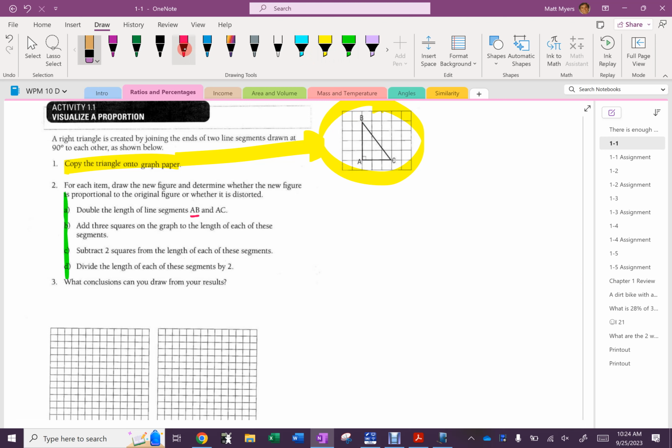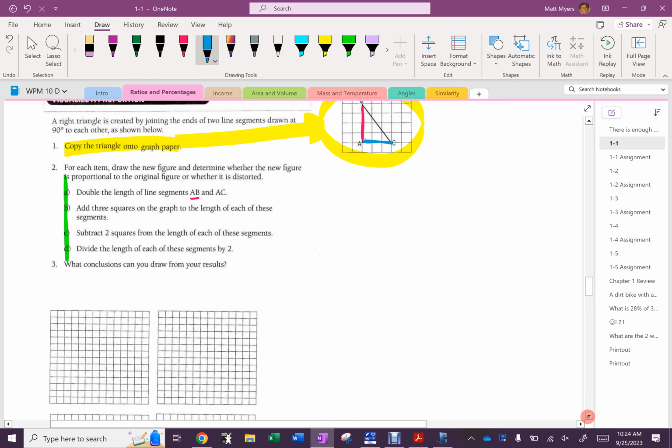So the very first thing I want you to do is double AB, which is in pink, and AC, which is in blue, and I want you to draw that on this graph. Does everybody follow me? I would start in the bottom corner to make sure I had enough room. Go. Then do all 4 of them.